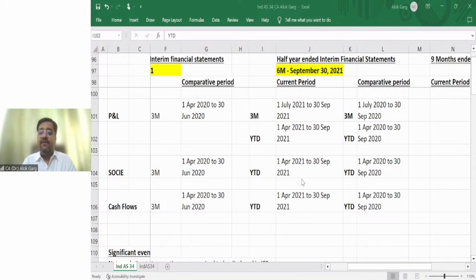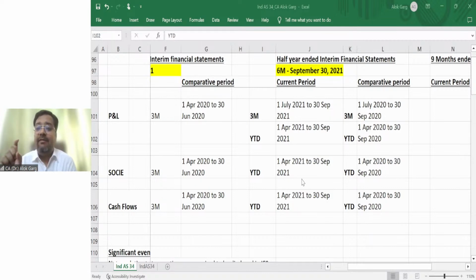Sriram is asking, sir, it means for balance sheet alone, last year, guys, let me tell you, saying last year is not a correct word. It is as on 31st March of last year, right?